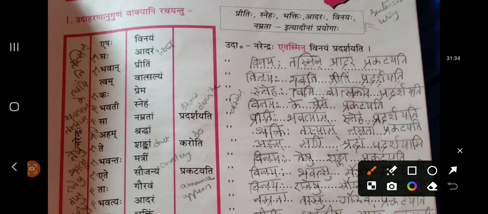So from this box I picked Saha. From this box I picked Adaram. From these verbs I picked Pradashayati or Prakatayati. Now what is the sentence I am creating? Vinayaha tasmin adaram prakatayati. Vinay showcased his interest.